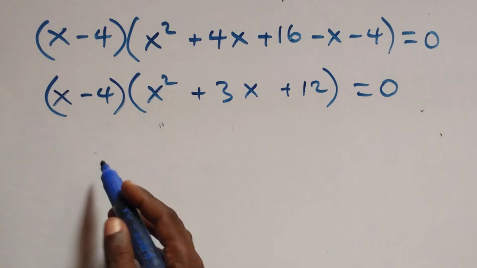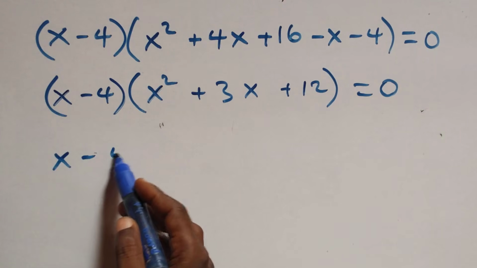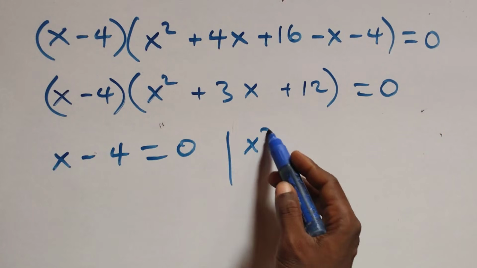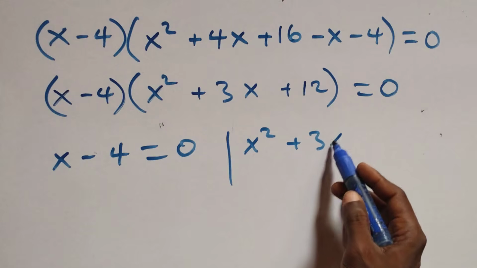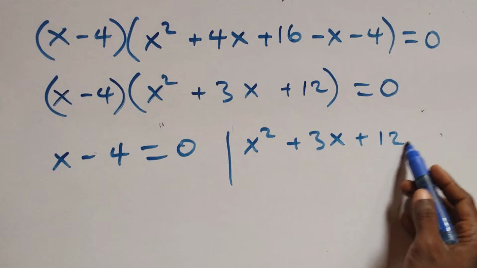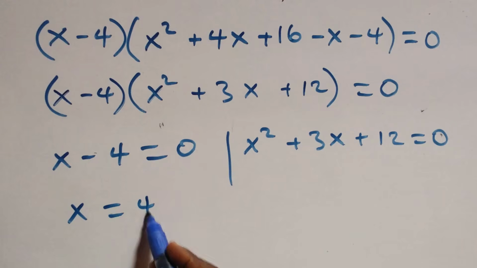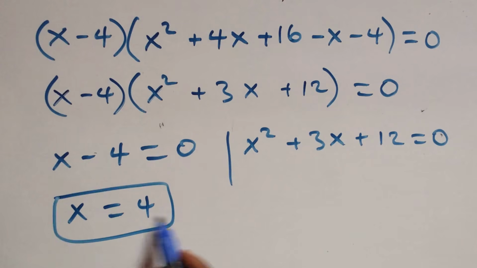Then here, we have two possible cases, x minus 4 equals to 0, or we have x squared plus 3x plus 12 equals to 0 here. And solving on this side, we have x equals to 4, which is a real solution here.